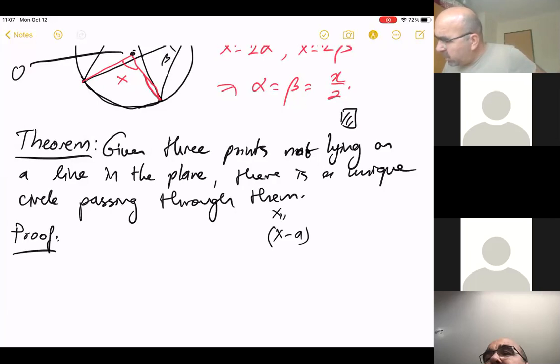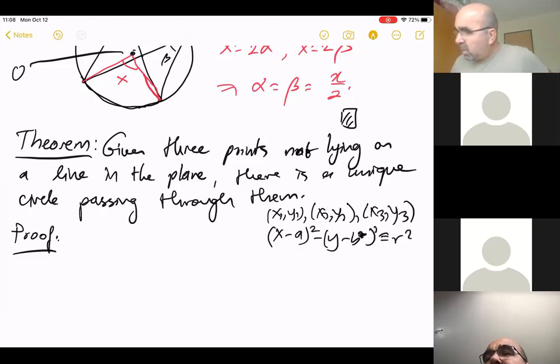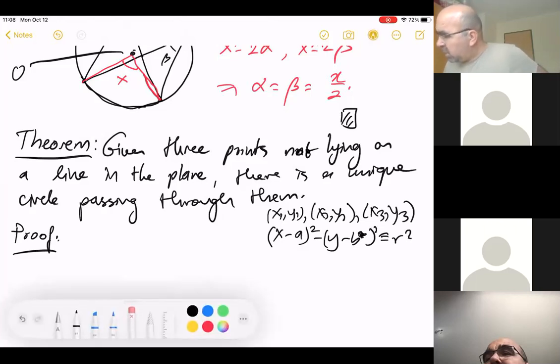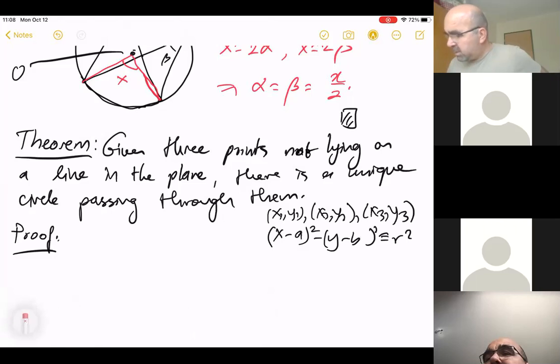Given the points x1, y1, x2, y2, and x3, y3, the equation of a circle is (x minus a) squared plus (y minus b) squared is equal to r squared. Right?